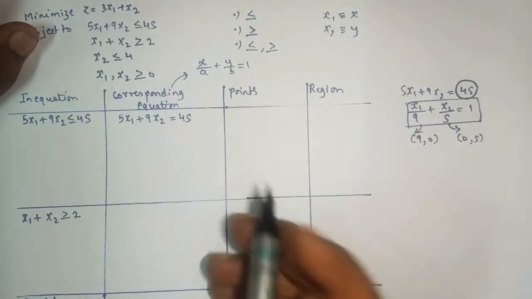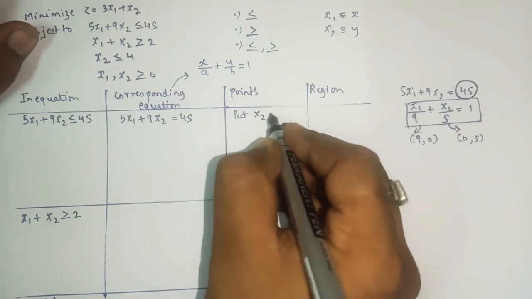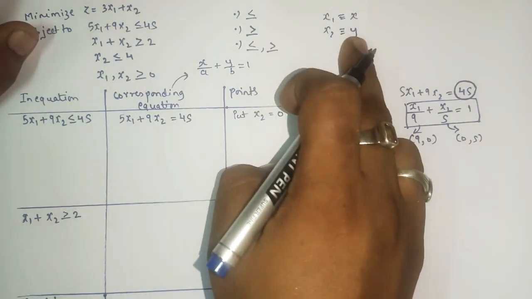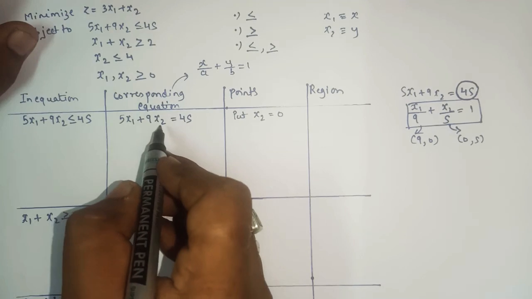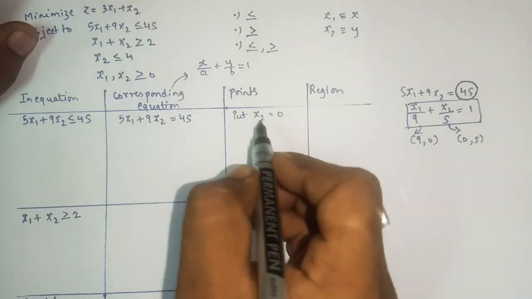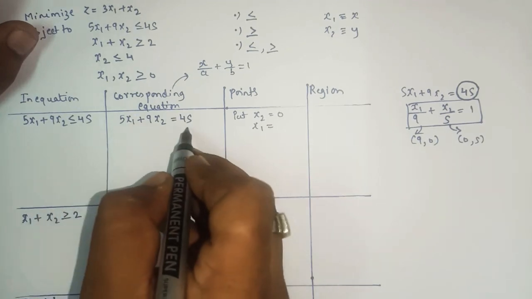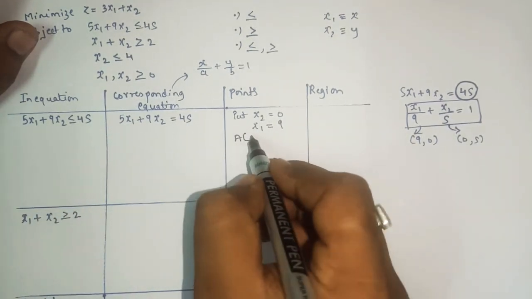Method number 2 is what? Simply you will replace the value of x2 by 0, as x2 here indicates y, and x1 is x. So in case 1, you will replace the value of x2 by 0. Here you will get x1 as 5 will go down, so 9, and here we got the first point.